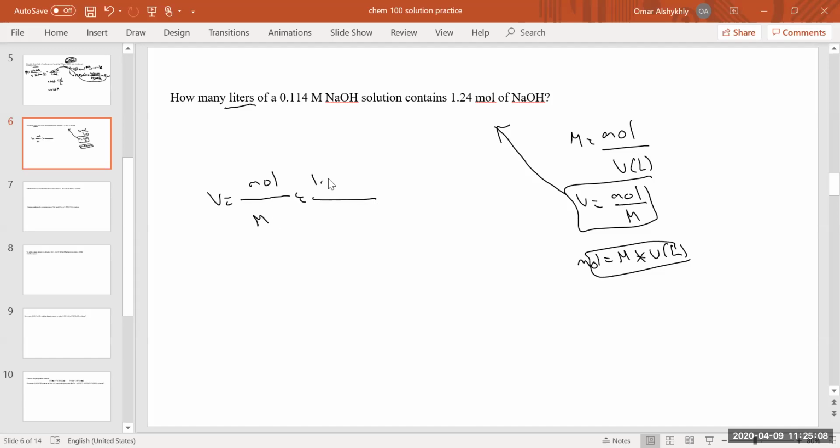The mole here is 1.24 mole, and at the bottom will be the molarity, which is 0.114 mole per liter. So mole with mole cancels, do the math, 1.24 divided by 0.114 gives me approximately 10.9 liter.